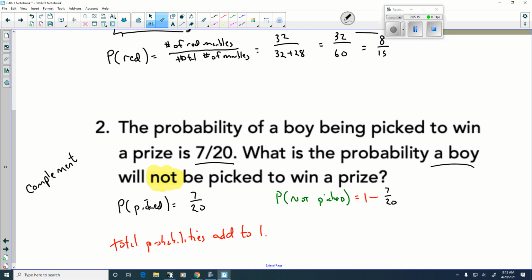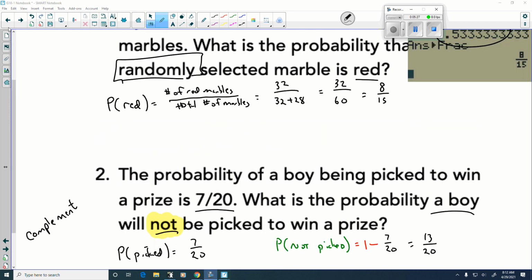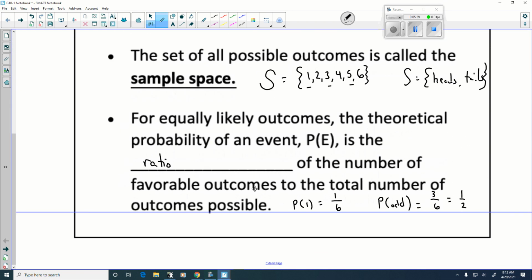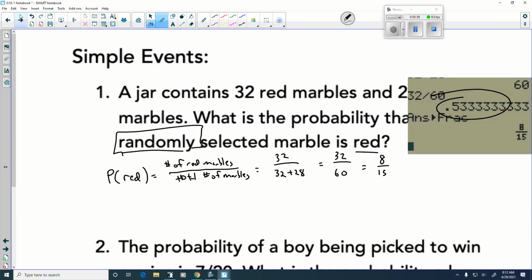And the complement is the probability that it's not whatever it said. So this is going to end up being 13/20ths for the probability he's not picked. For example, again, if the probability of a 1 was 1/6, the probability it's not a 1 is going to be 5/6, the rest of the numbers.